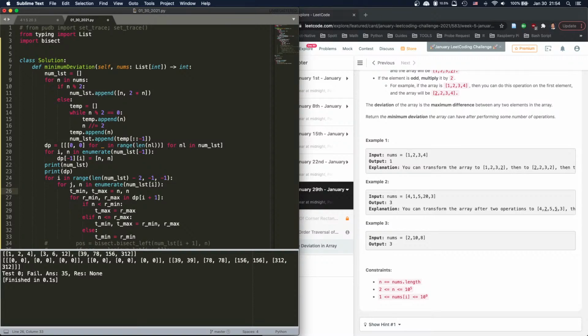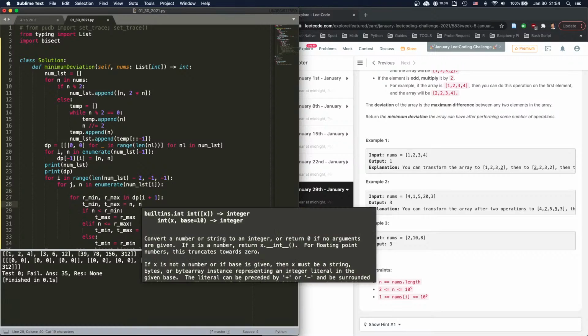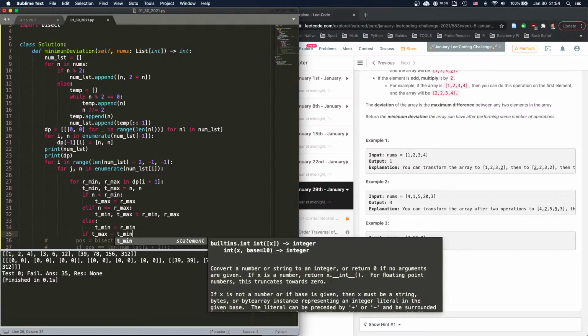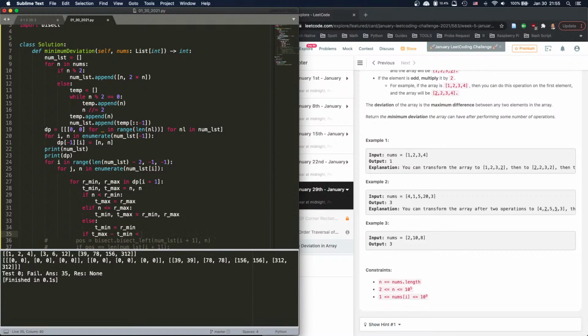Right. So that is how it's going. So basically, I think this one has to be inside. So every one, and then at the end we say if Tmax minus Tmin is smaller than previous.